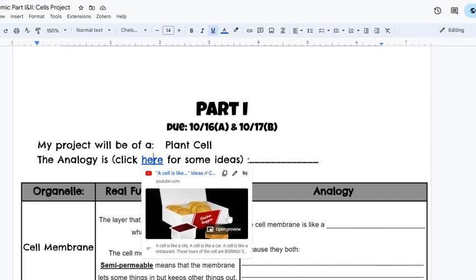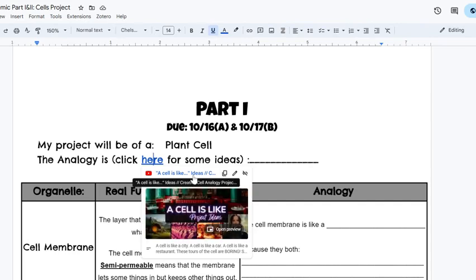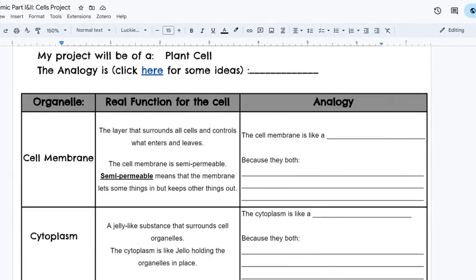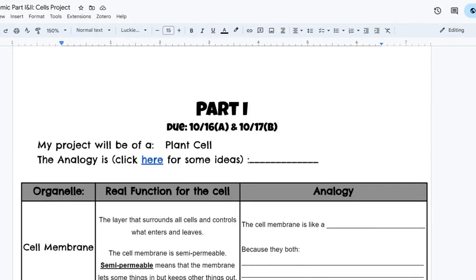There are some really great creative ideas for cell analogy projects. So start looking around, brainstorming. Maybe there's a favorite show or movie or game, something along those lines, something personal to you. I love those. Be as creative as possible, coming up with something unique, so that you can compare organelles to something in that show, movie, location, game, right?